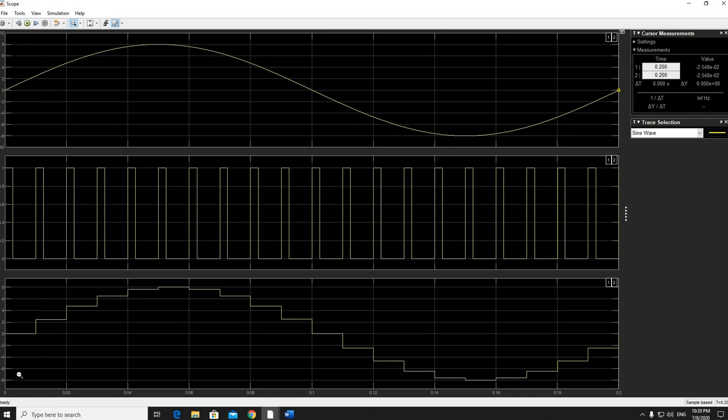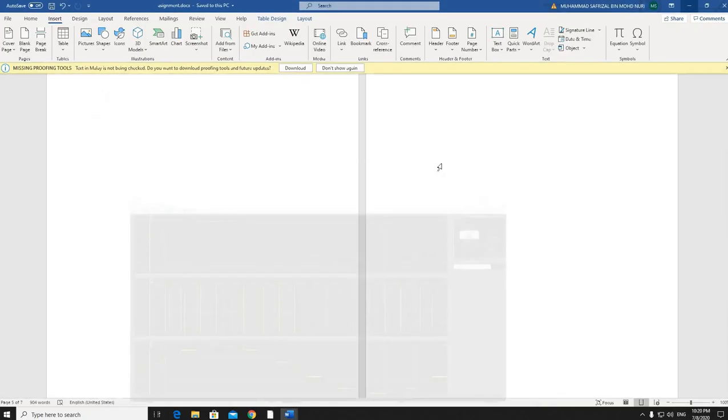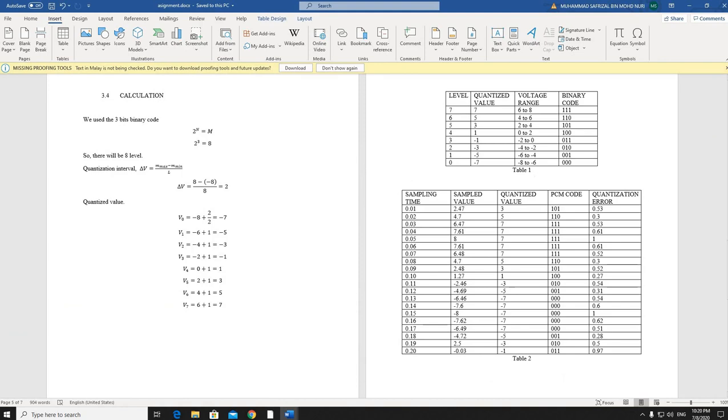The pulse period you set before is 0.01, so you take a sample every 0.01. This is the amplitude of the graph. You continue at 0.01, 0.02, 0.03, until 0.2. Here is the table you get, and this is how I got the sample values.